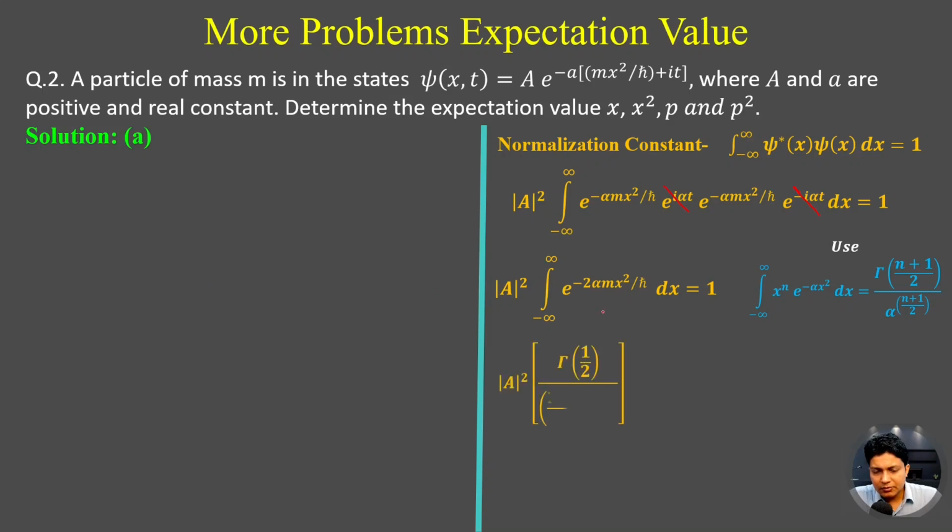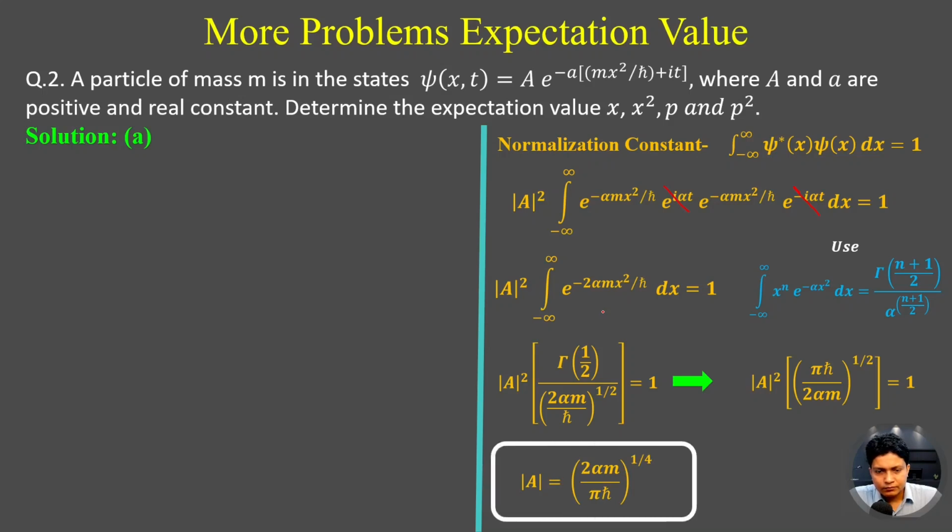So this integral will be mod of A square gamma function 1 by 2 upon (2 alpha m upon h cut) power 1 by 2 equal to 1. After solving this, we get mod of A square pi h cut upon 2 alpha m, power 1 by 2, equal to 1, and the value of the normalization constant will be (2 alpha m upon pi h cut) power 1 by 4.